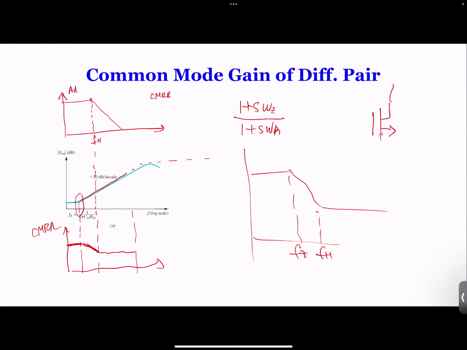CSS is the capacitance of this one plus the capacitance of this one. So this is CGD, this is CGS, right? And you also have a capacitance of this one, like CDS. Normally, this is small, so we neglect it. That's the total capacitance. That's why your omega Z is always smaller than your omega H.